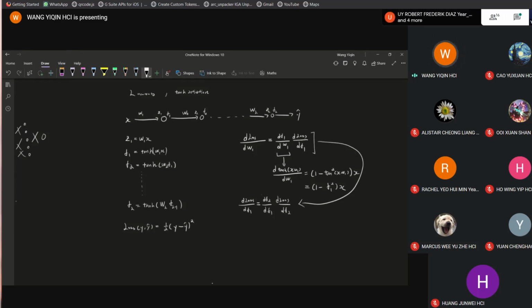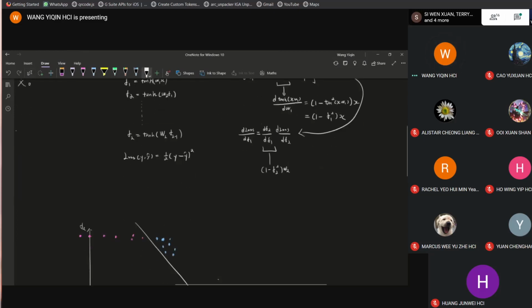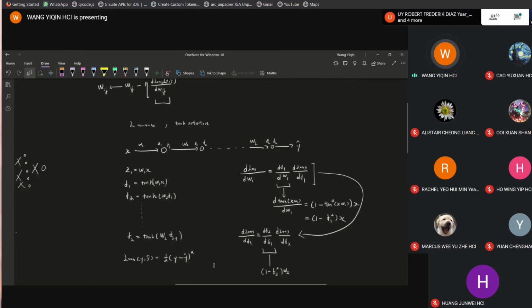Again, you can see that this is equivalent, and this is a similar expression to the earlier one. It's just 1 minus f2 squared multiplied by, in this case, the weight, which is w2. So you can just keep doing this until you eventually get back to the top.